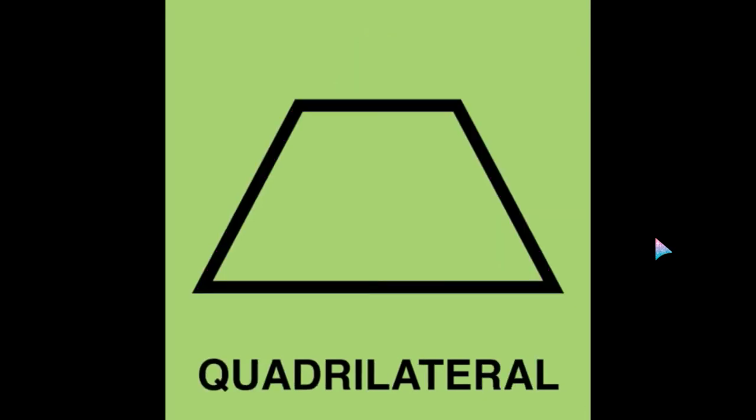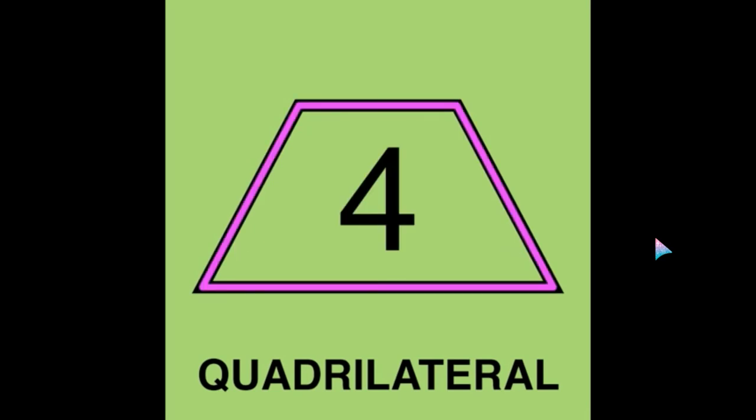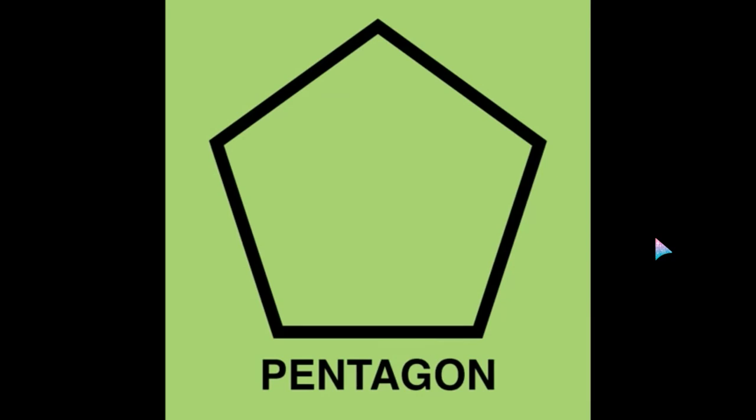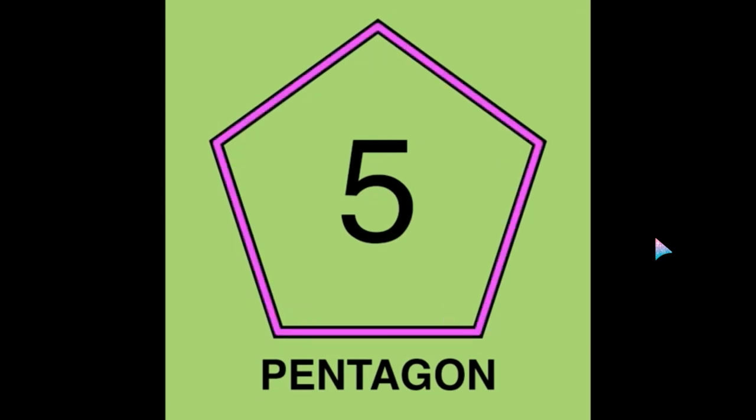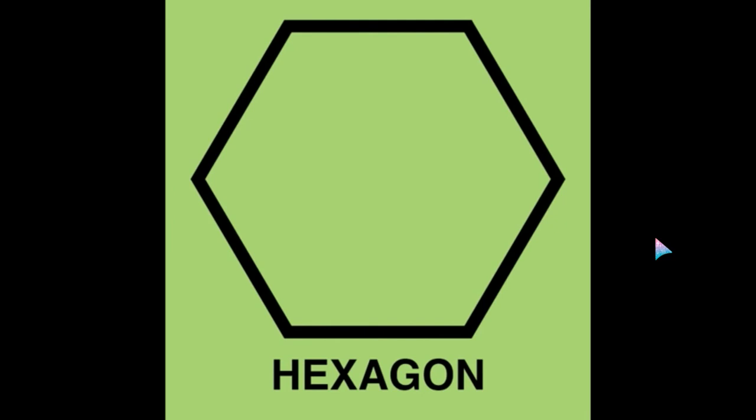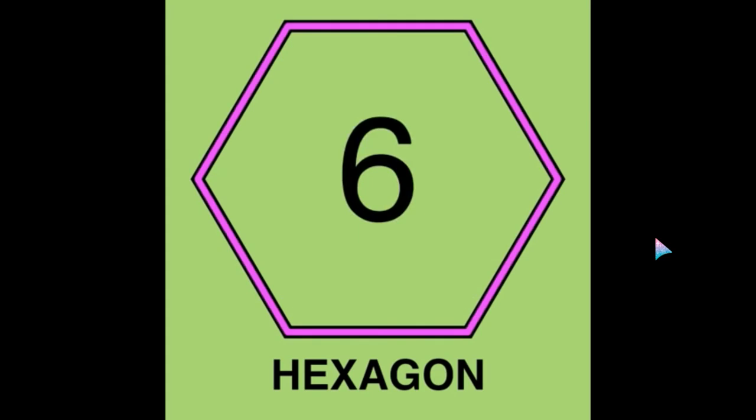A quadrilateral is a polygon with 4 angles, 4 sides. A pentagon is a polygon with 5 angles, 5 sides. A hexagon is a polygon with 6 angles, 6 sides.